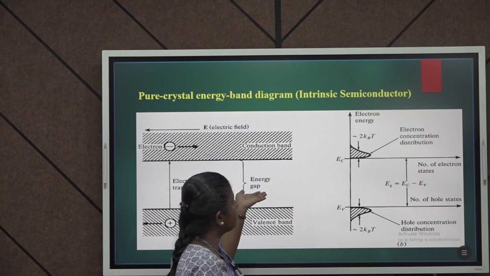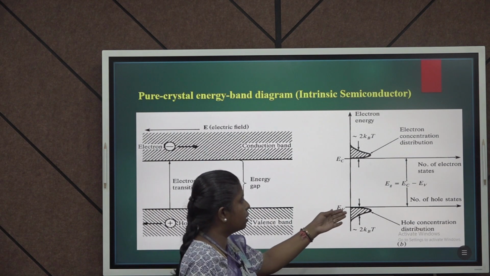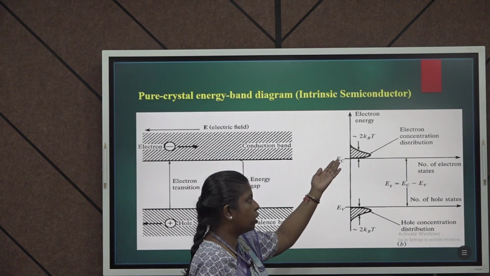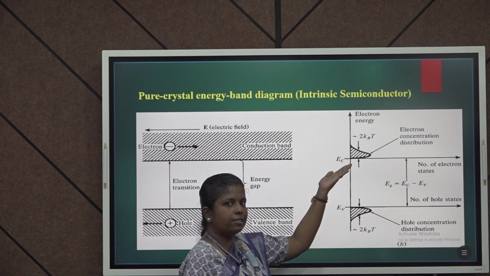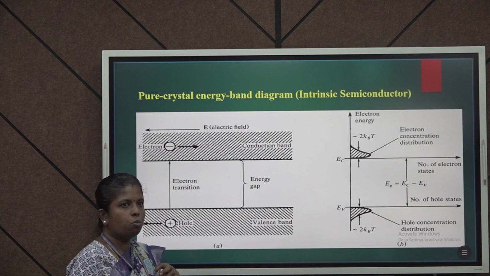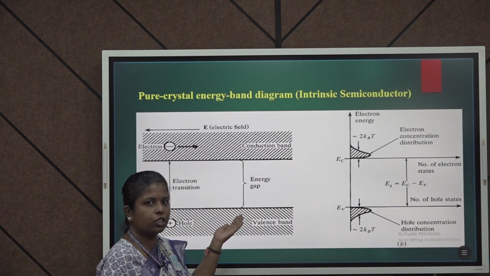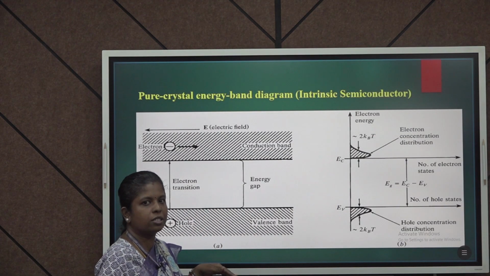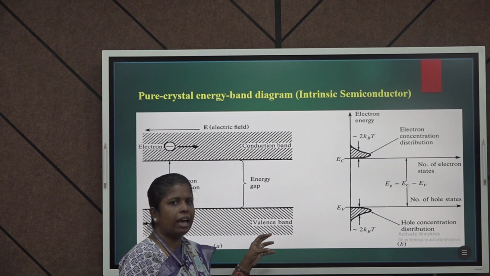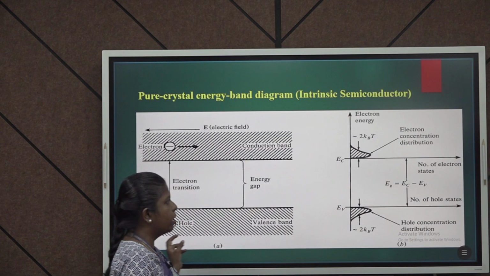For a pure, intrinsic semiconductor material, the hole concentration is equally distributed with the electron concentration, that is p equals n. We have no movement of charge carriers from the valence band to the conduction band or from the conduction band to the valence band, so we won't have any kind of emission in a faster way.